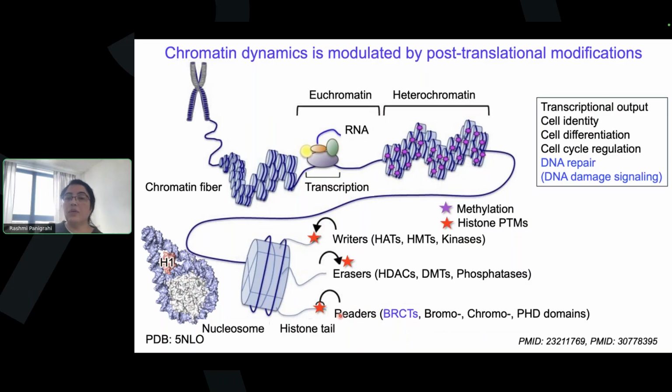Once the cellular process triggered by the specific post-translational modification is over, these modifications are removed by a class of enzymes called erasers, and some examples of those classes are written here.